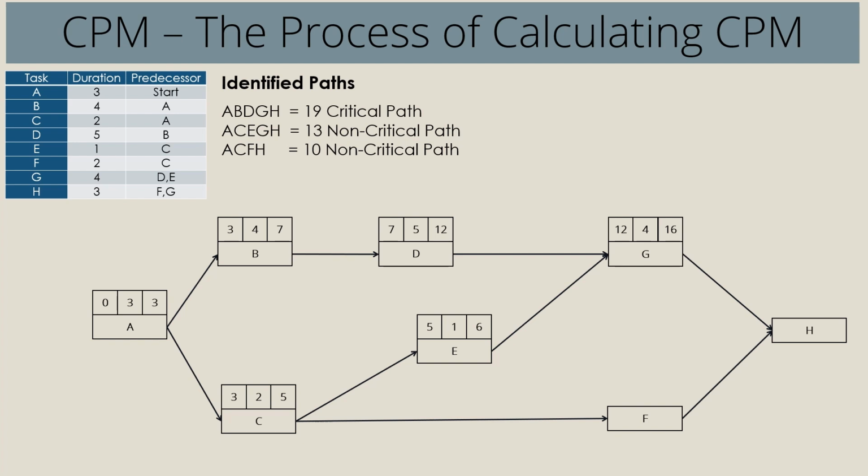Now again, we have to wait before filling out the value for activity H. We can't put it in yet because there are 2 arrows coming in from activities G and F. So we have to go all the way back to activity C. We had the early finish on C, and we are going to bring that into the early start of F. 5 plus 2 is 7. So for activity F, its EF is 7, and for activity G, we have an EF of 16.